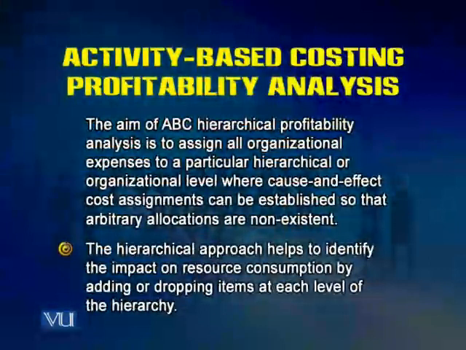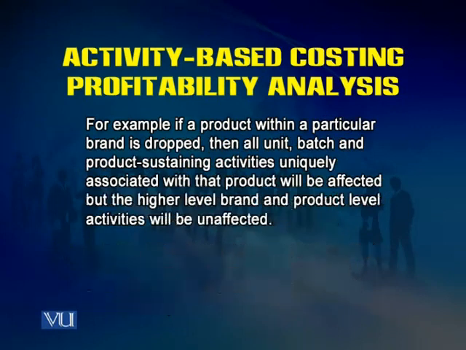The hierarchical approach helps to identify the impact on resource consumption by adding or dropping items at each level of hierarchy. For example, if a product within a particular brand is dropped, then all unit, batch, and product sustaining activities uniquely associated with that product will be affected, but the high level brand and product line activities will be unaffected.